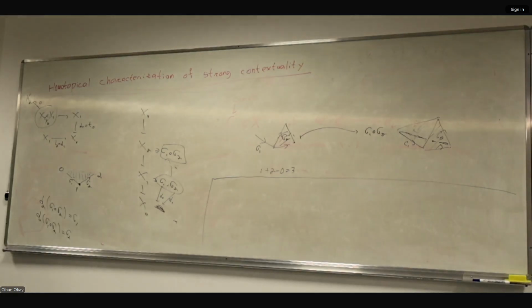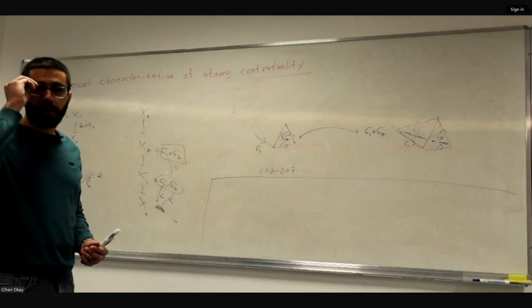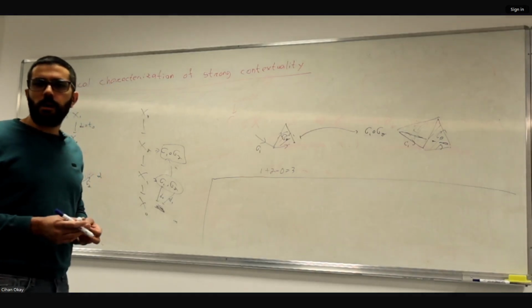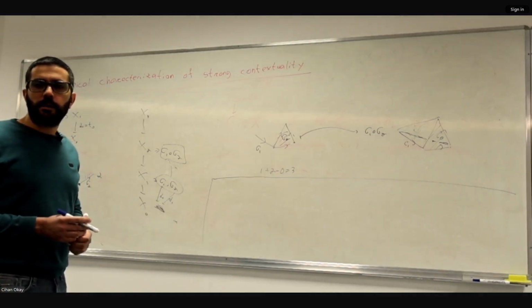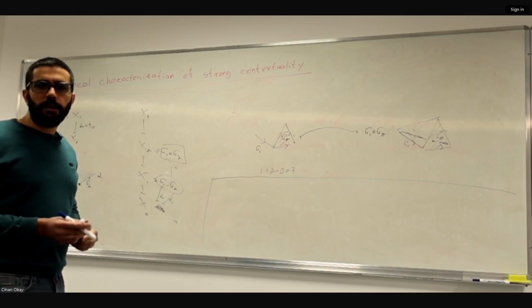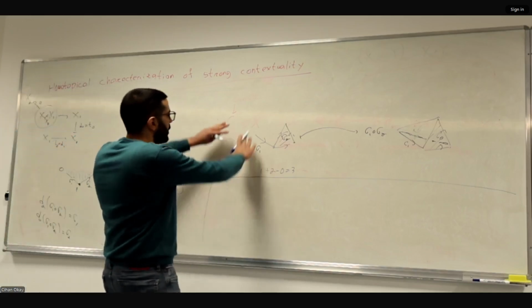Inside a compository, do they fill all the boundaries of simplices? I guess in the case of a category, you can fill the boundaries of two-simplices, yeah, uniquely. If you have some picture like this, you can fill.